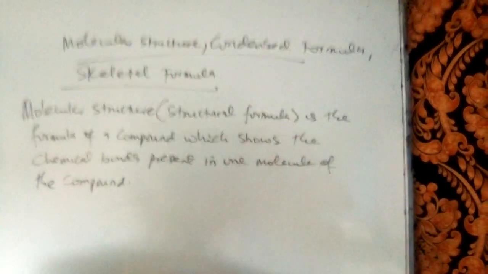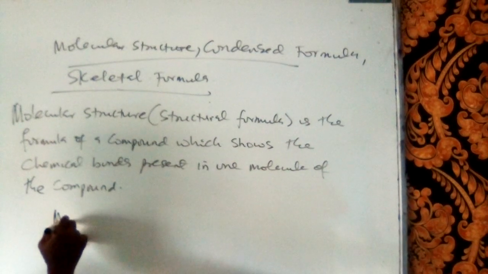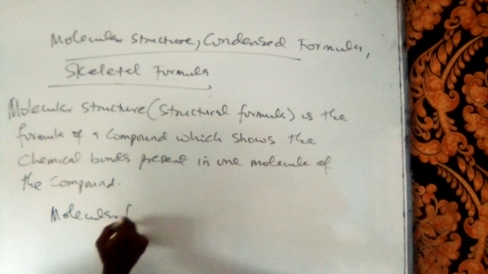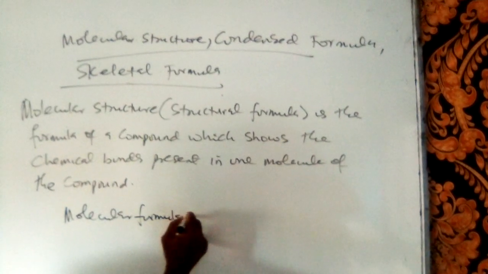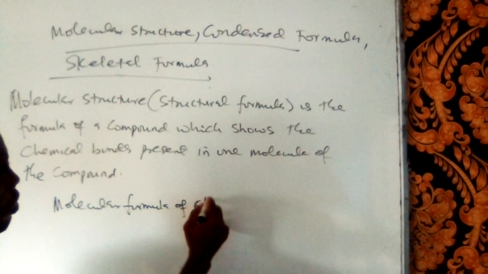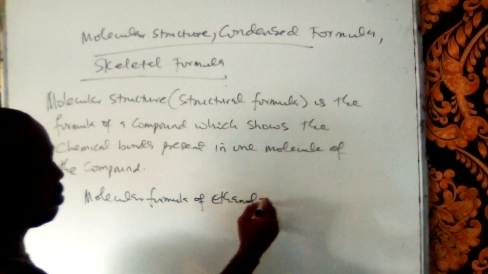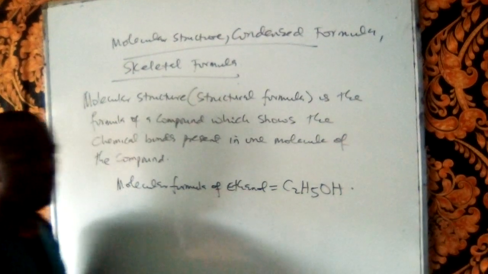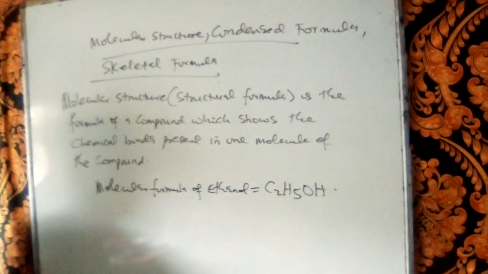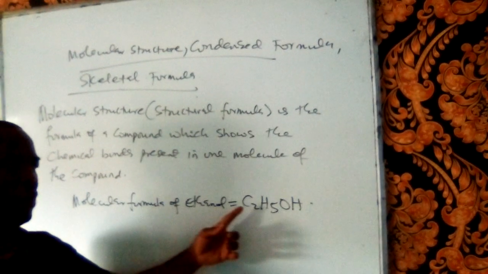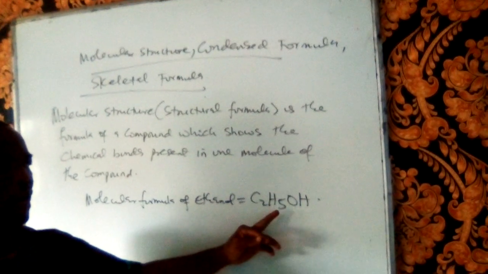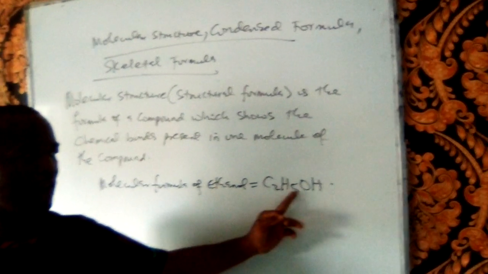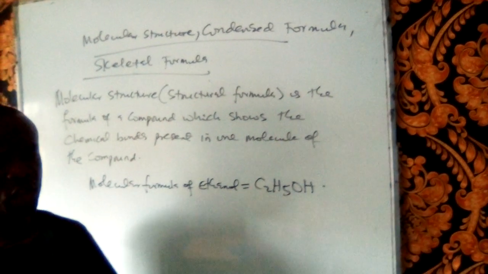For instance, we know that the molecular formula of ethanol is C2H6O. That means in one molecule of ethanol, we have 2 atoms of carbon, we have 6 atoms of hydrogen, that is 5 plus 1 is 6, and we have 1 atom of oxygen.